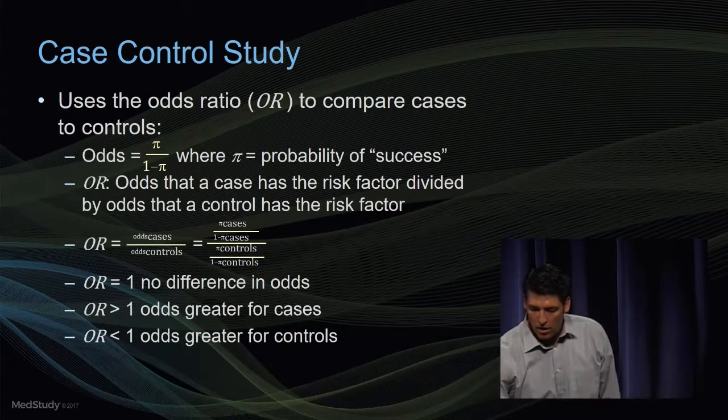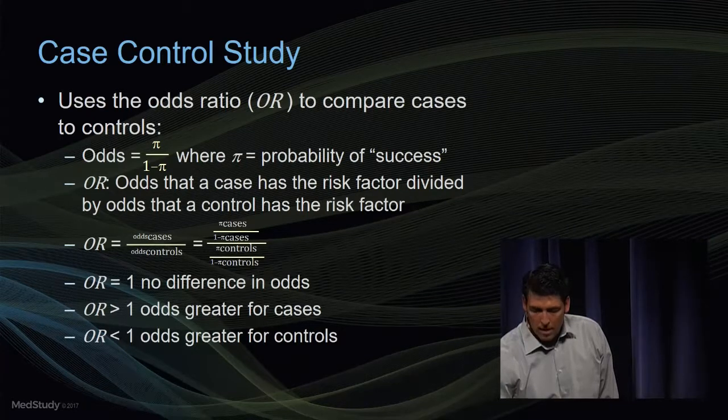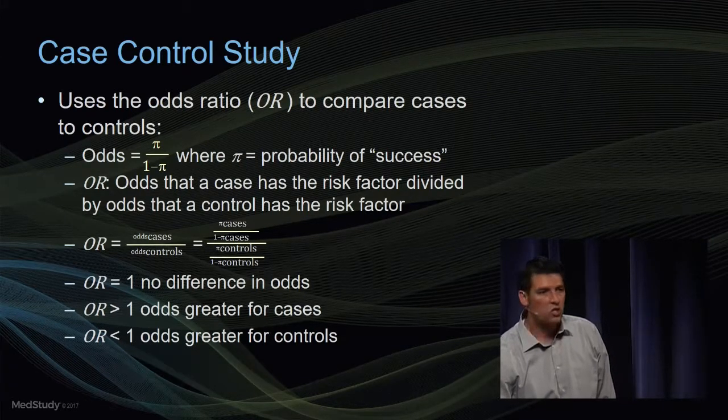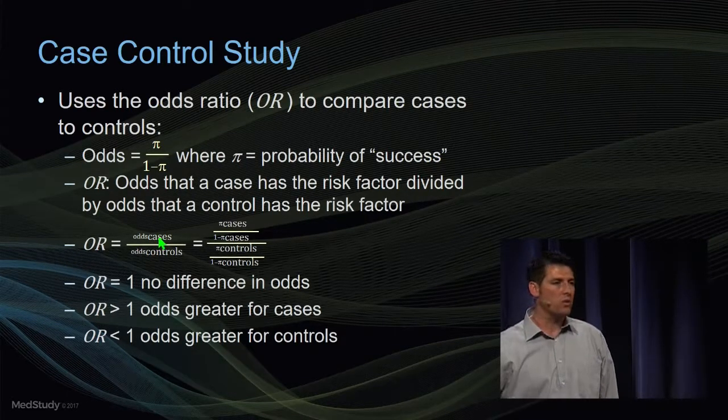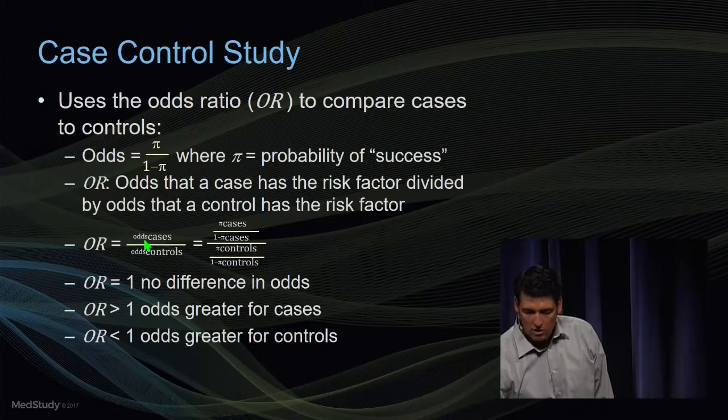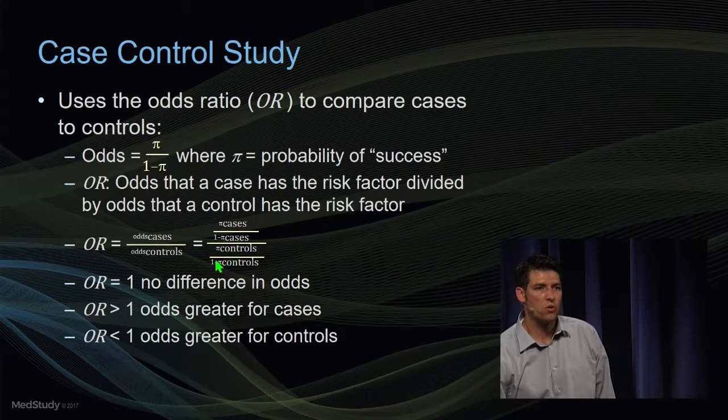Okay, so my odds ratio then constructs that comparison. So I'll have the odds for the cases over the odds of the controls. Splitting that out further just gives me the probability of success for the cases to the failure of the cases, over the probability of success for the controls over the probability of failure for the controls.